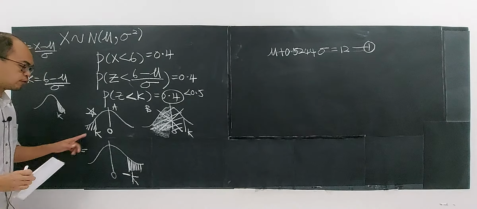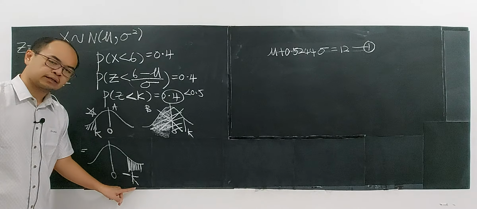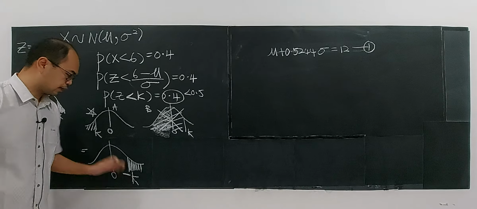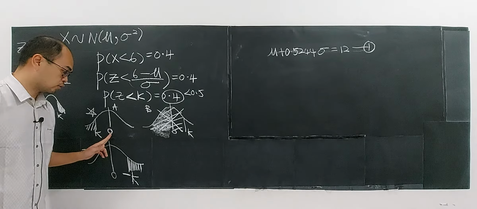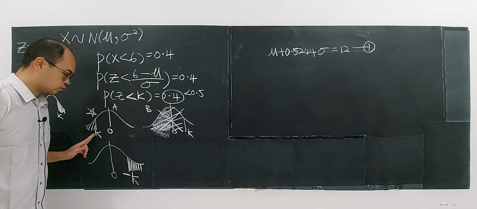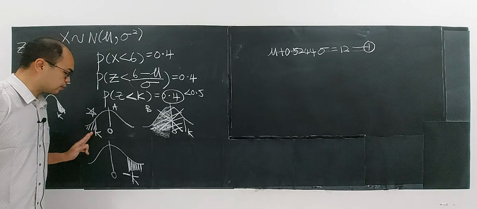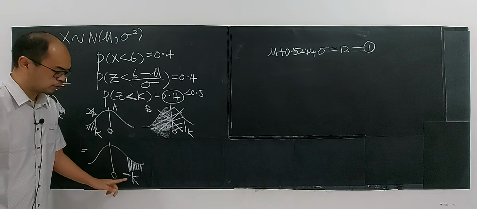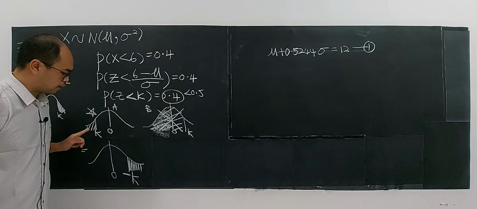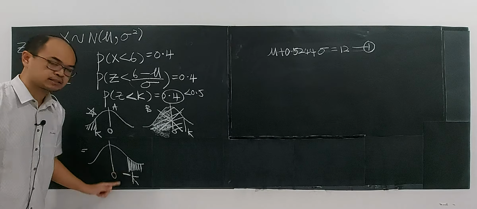Usually students get confused here: why does the teacher put negative k? Because k is a negative value, on the left of 0. If you reflect it onto the right hand side, it should be a positive value. That's why we multiply by negative: a negative times a negative becomes positive. Negative k is a positive value.